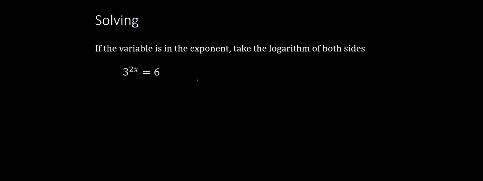Well, because the variable is in the exponent, I can take the log of both sides, but remember your calculator many times will only do a base e or a base 10. So I can take the log of both sides, just like we can add the same thing to both sides, we can subtract the same thing.